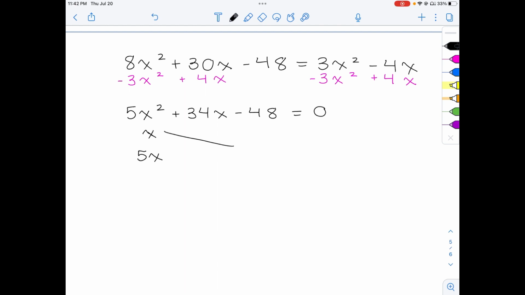And then I'm going to crisscross and think of two terms that multiply to give me 48. In this case, there are a lot of options, right? If we start at the beginning, we'd have 1 and 48, 2 and 24, 3 and 16, 4 and 12, 6 and 8, and I think that's it.